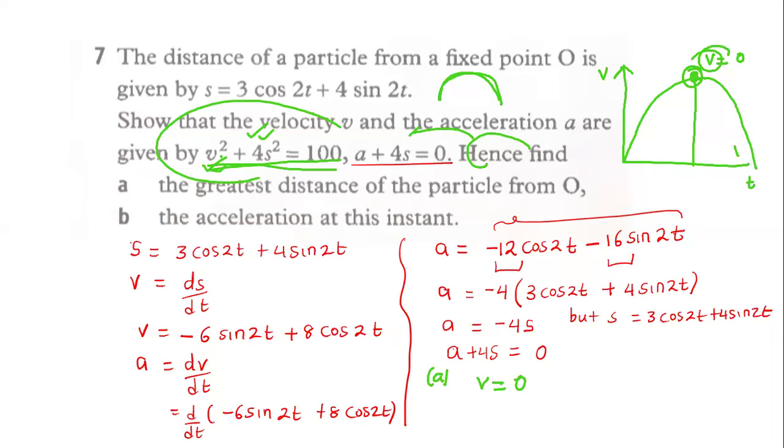Good evening, sir. Good evening. So the thing is, 4s squared equals 100. Okay. 4s squared is equal to 100. Good. 100 divided by 4, which is 25.